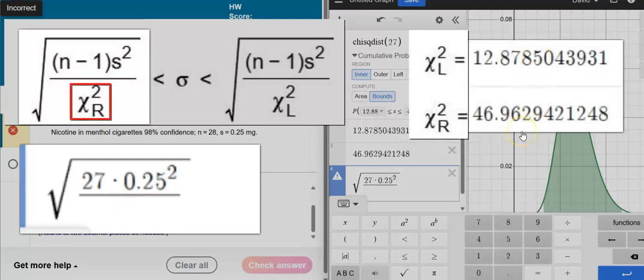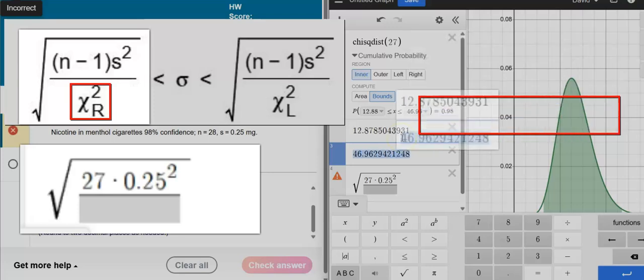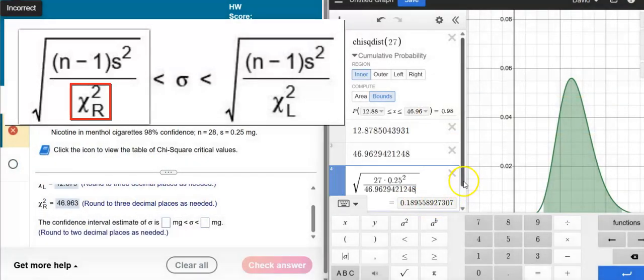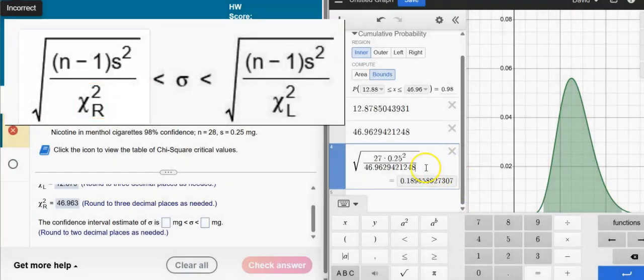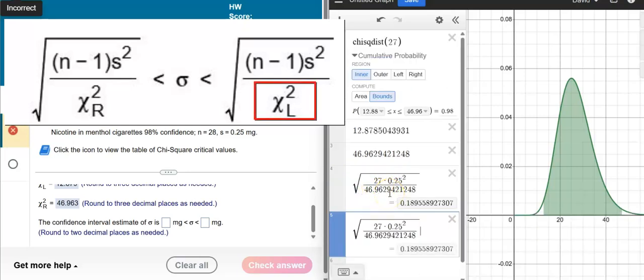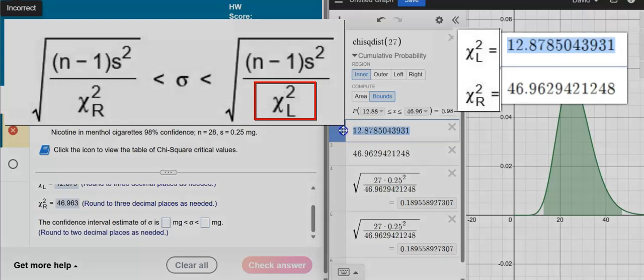In the denominator, you're going to do each of these, but for the lower one, you're going to divide by the bigger, the right denominator. So you're going to copy this, paste it down on the bottom. That's your lower number. And then what I like to do is just copy everything, paste it down here, move that out of the way, paste it down on the next line, and then just replace the denominator with the other critical value.